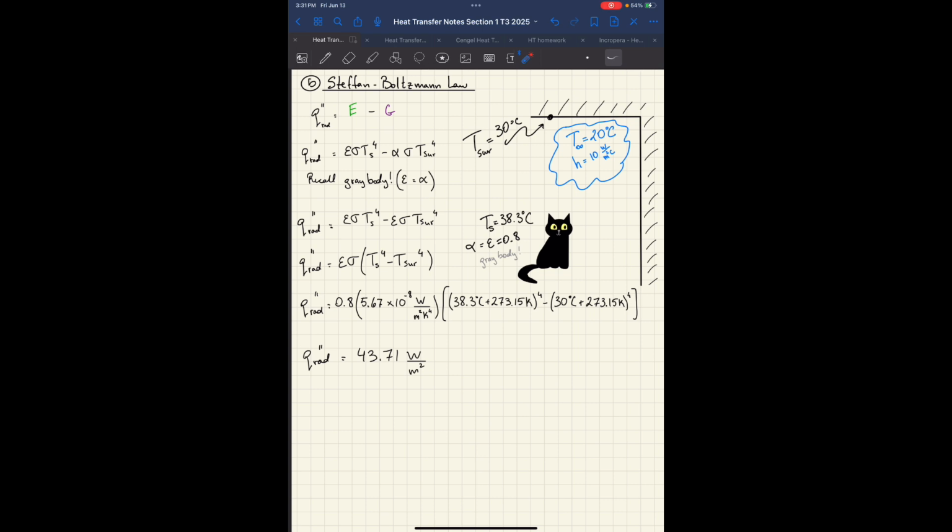If it were negative, that means that the radiation the cat experiences is absorbed. Okay? So let's just add that here to the notes: net radiation cat experiences is emitted.